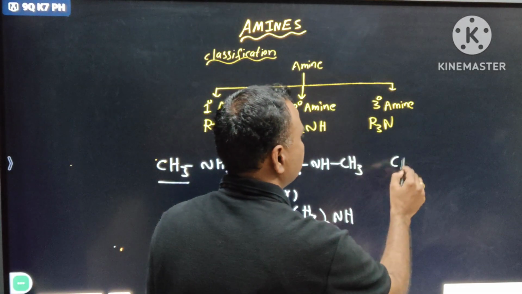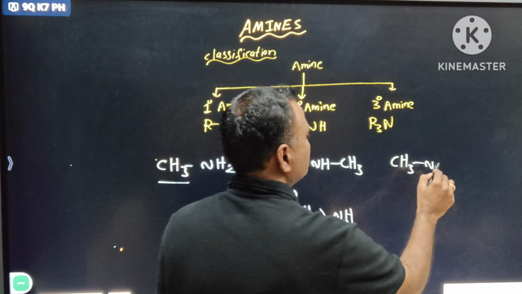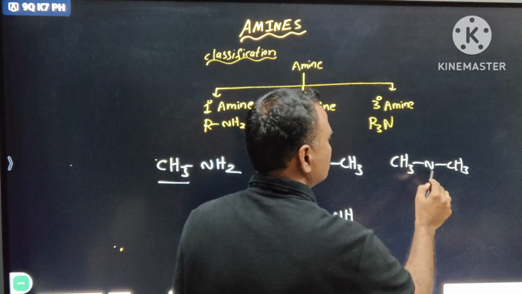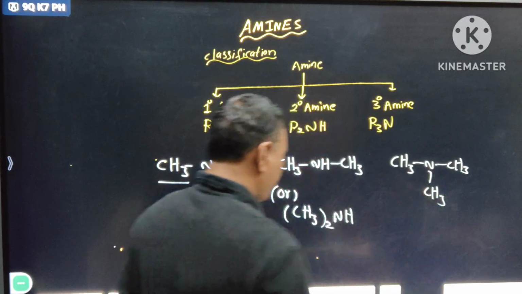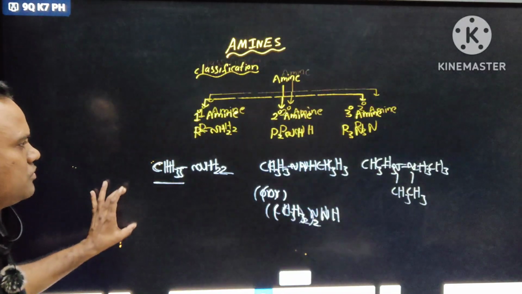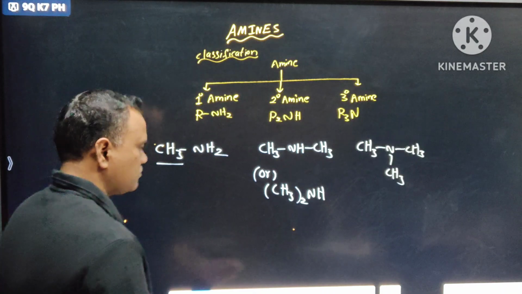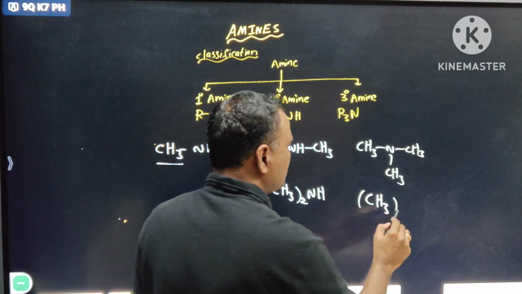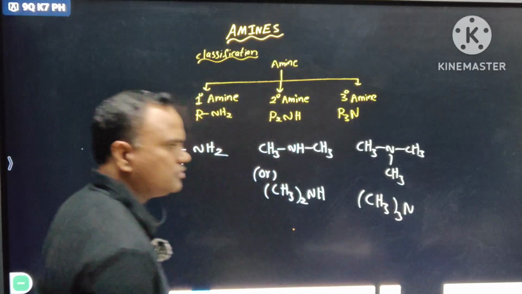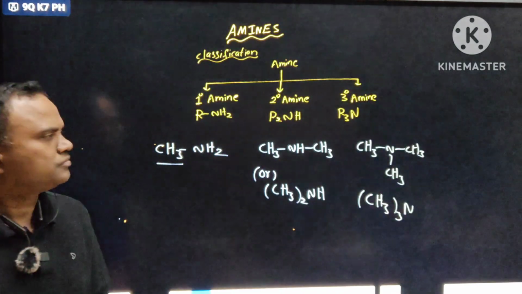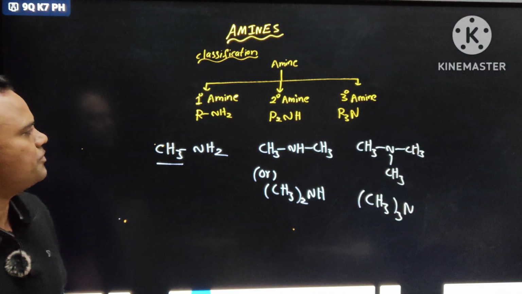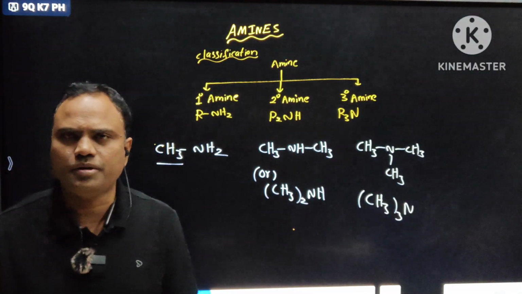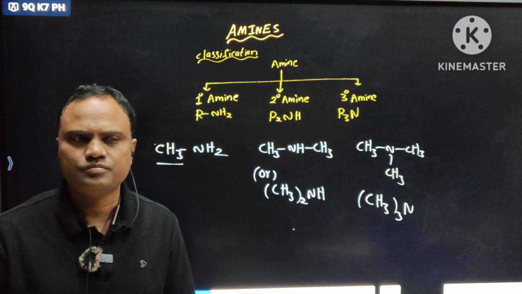And the 3 degree amine can be represented as CH3 taken thrice, N. Those are examples for primary, secondary, and tertiary amine.